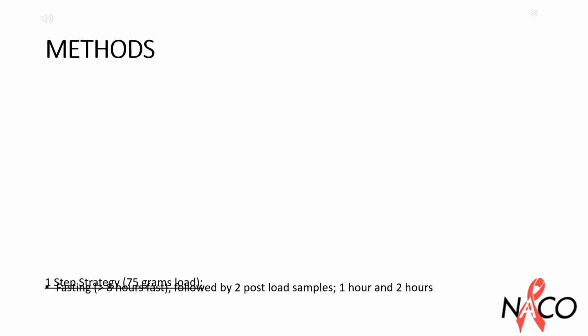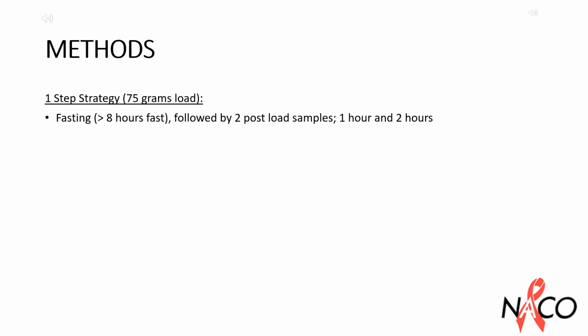For screening and diagnosis of gestational diabetes mellitus, there are two methods, the one-step strategy and the two-step strategy. The one-step strategy involves a load of 75 grams of glucose. It involves fasting for more than 8 hours followed by two post-load samples at 1 and 2 hours.